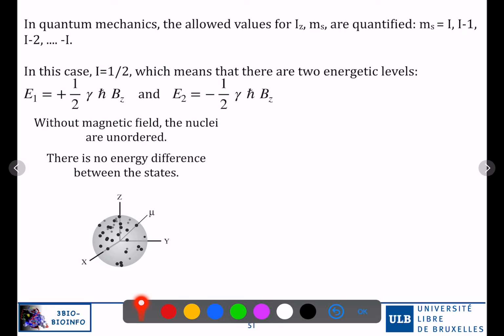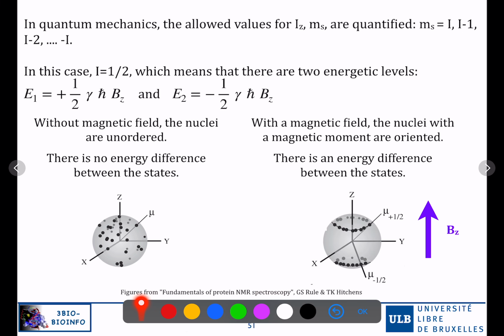When you switch on the magnetic field, B0, then you will observe two energy levels. So with a magnetic field, the nuclei with a magnetic moment will orient. There will be two energetic states. The first one is E1, the second one is E2.